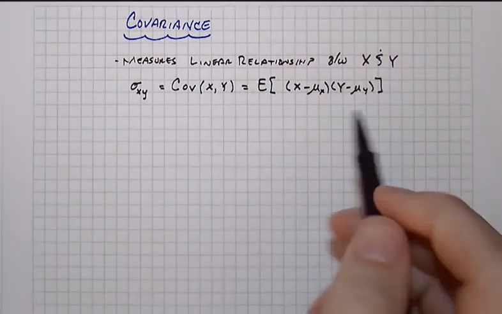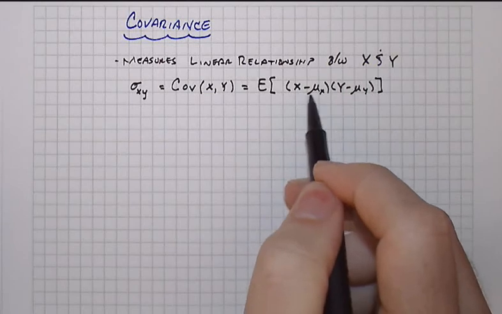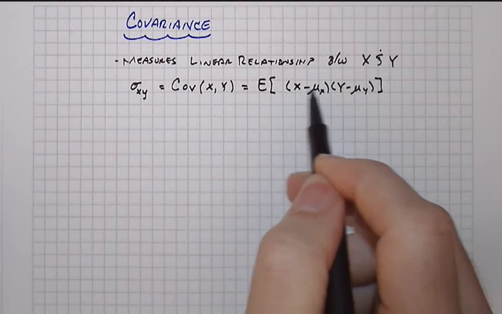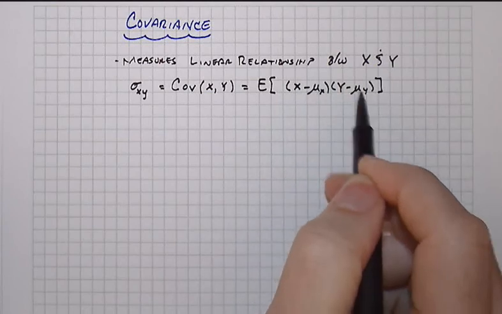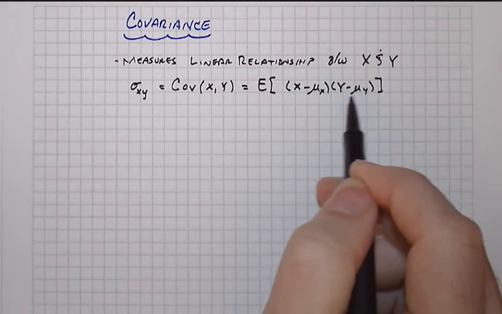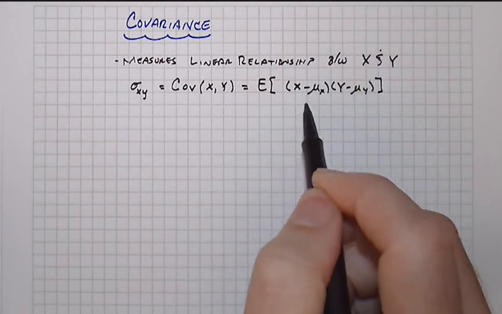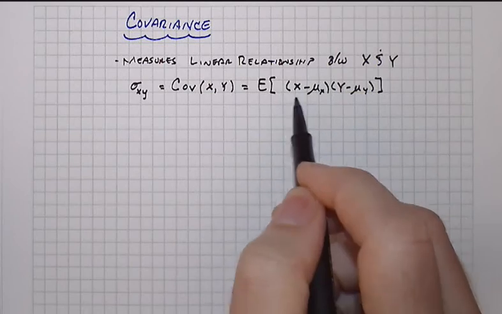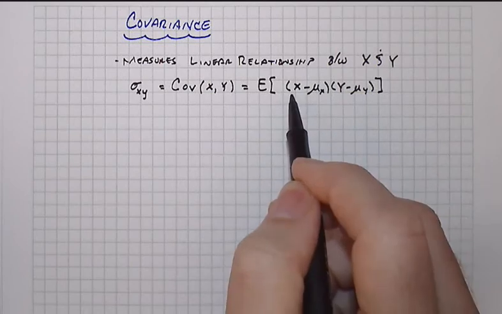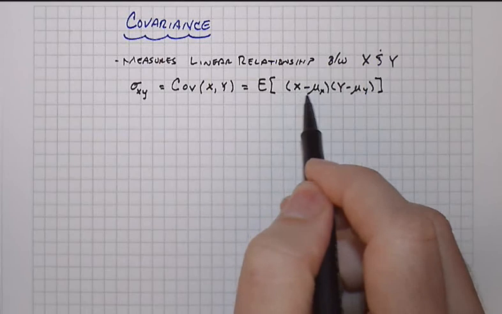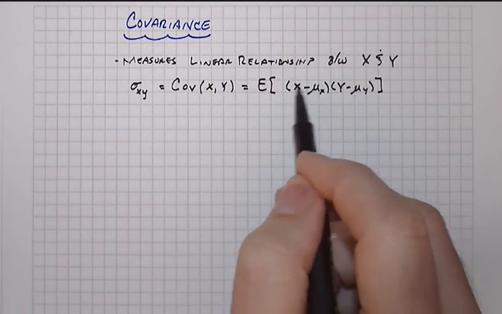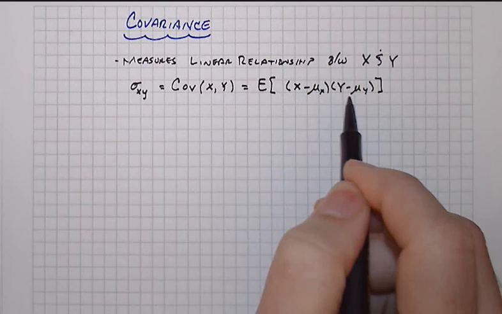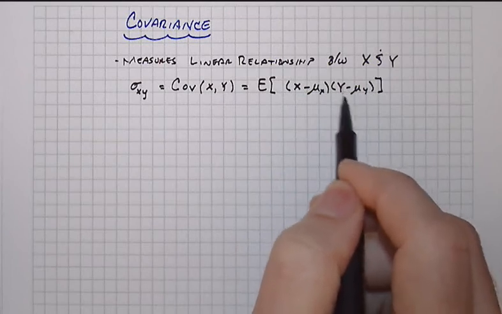What this is really doing for us is trying to get to some sense of when x is real far away on a large side from its mean, is y also real far away from its mean on its large side, or vice versa, small and small side being away from the mean, or is it possible that x is real large away from its mean in a positive sense at the same time that y is real far away on a small side, as a negative side, away from its mean?